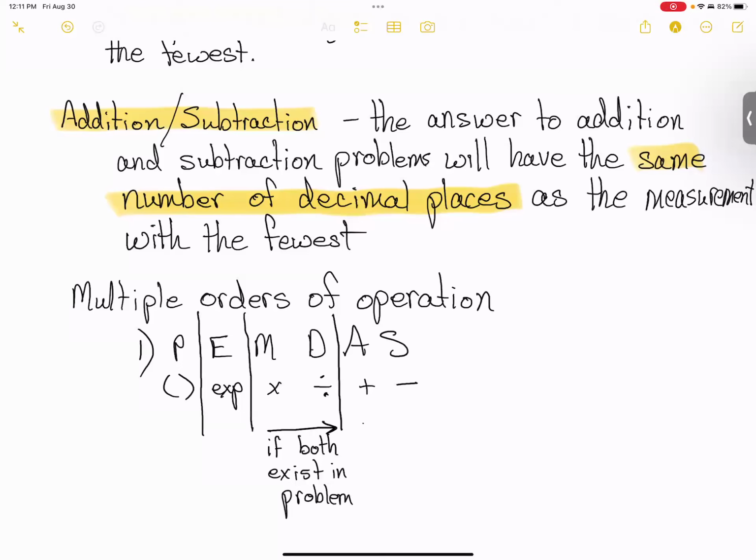The same thing is true for addition and subtraction. If you have multiple orders of operation of addition and subtraction, you will move left to right through the problem.